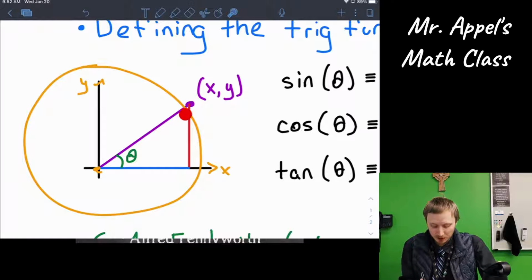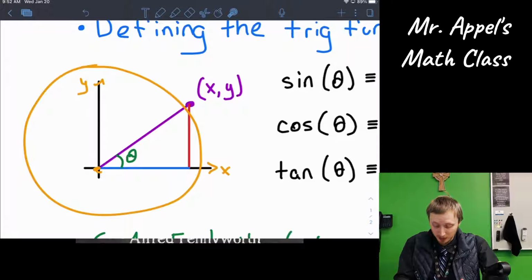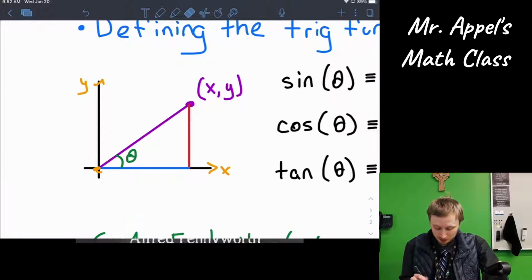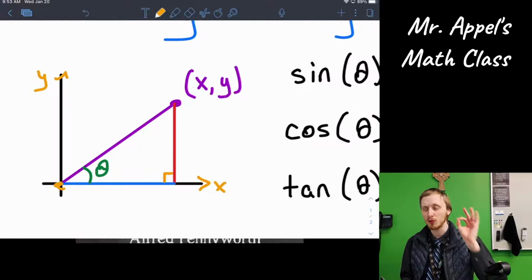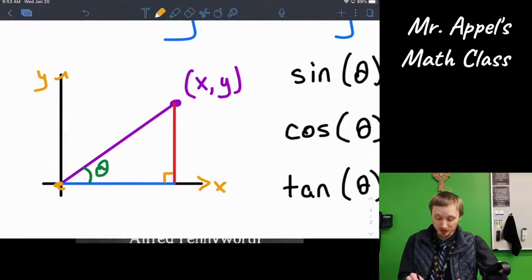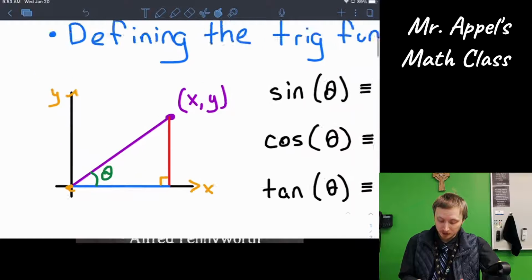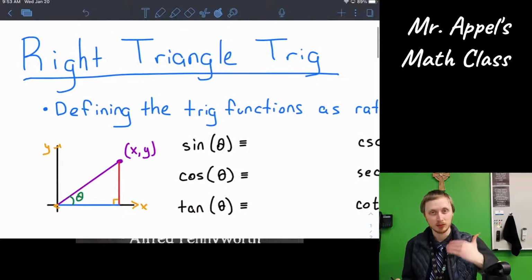But notice that if I draw in my horizontal and vertical locations from anywhere on the circle, I'm left with a triangle. And since horizontal and vertical are always perfectly perpendicular to each other, it is a right triangle, and thus we develop the right triangle trig.